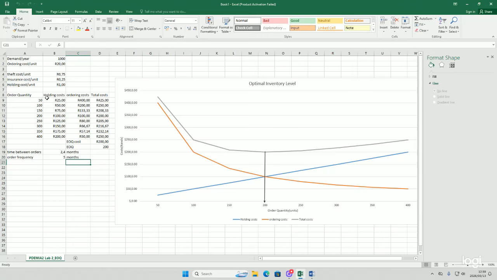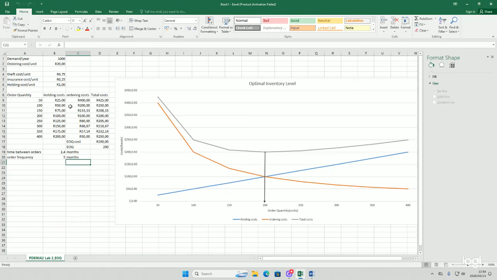So this EOQ will help me reduce the ordering frequency while avoiding excessive costs. It will balance your storage cost with your ordering costs, and it will improve the operational efficiency of the company.